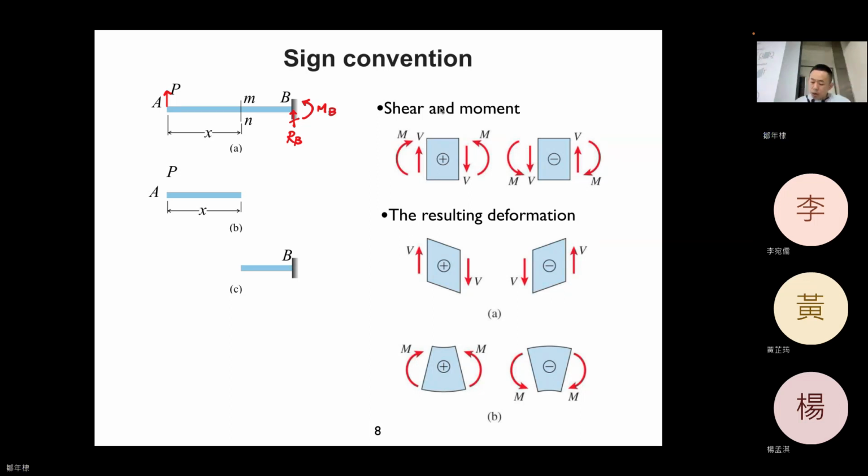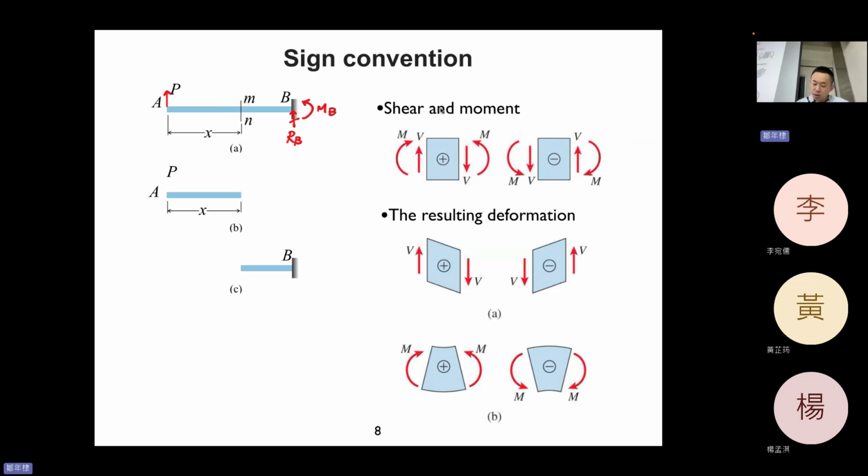Now we are going to determine, at a point in that beam at distance X from the origin, what the shear and moment values are at that point.